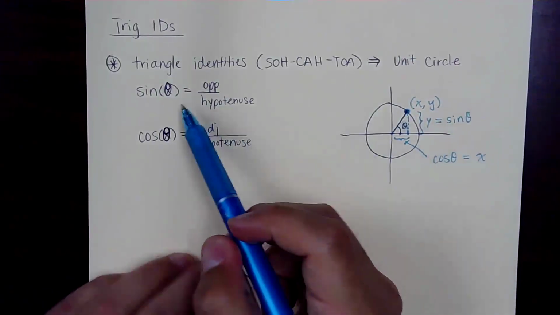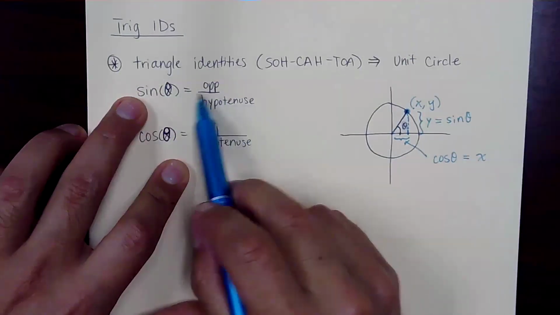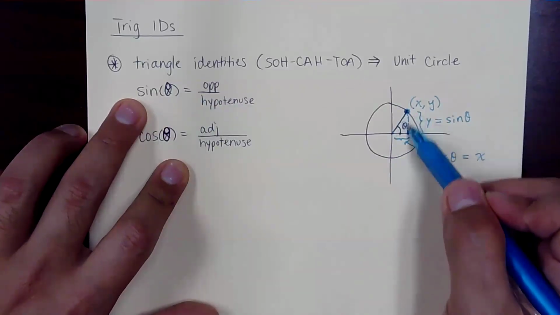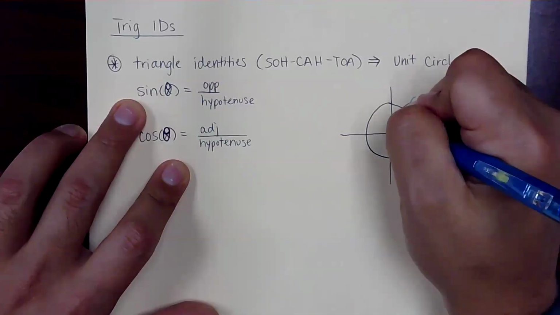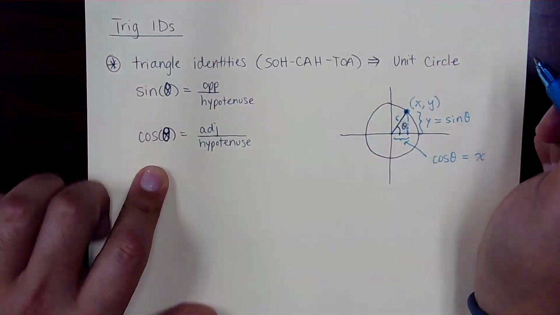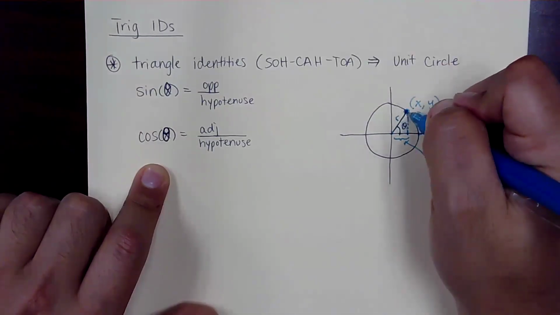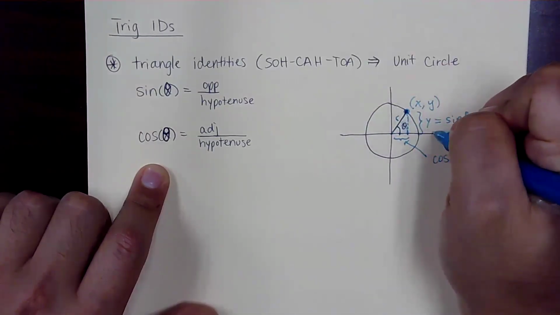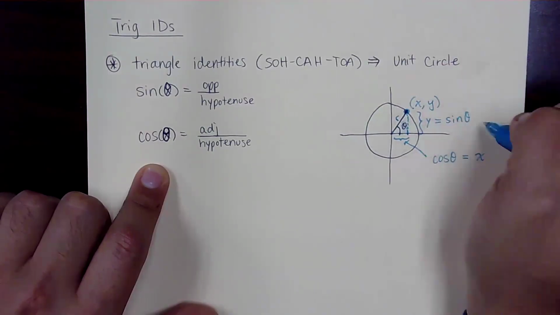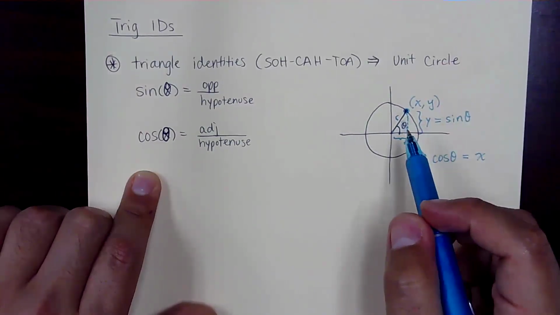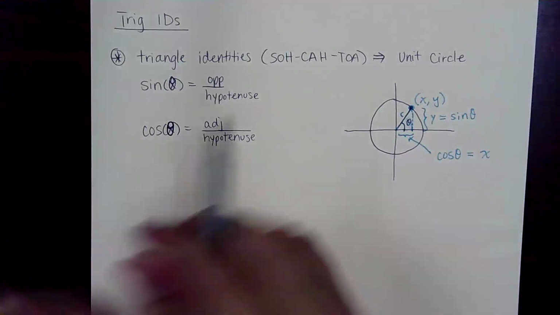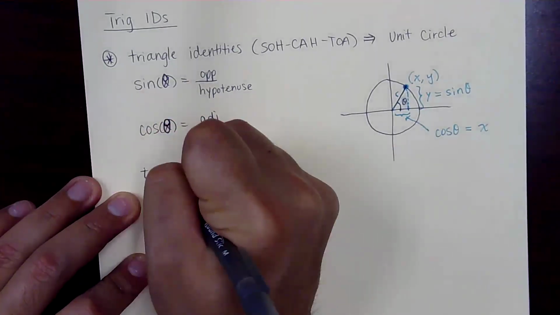And that's the same thing as saying this sine theta is going to be the opposite side divided by the hypotenuse, which you could think of as the radius of the unit circle. And since that radius is 1, that would be y divided by 1, right?